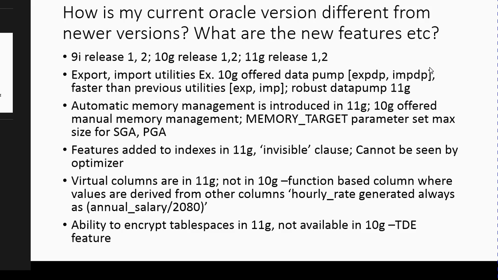With 11G, automatic memory management came out. What it does is allocate the memory resources for both the SGA and the PGA. All you have to do is set a maximum threshold, and the memory for the PGA and the SGA is automatically assigned by the AMM system.